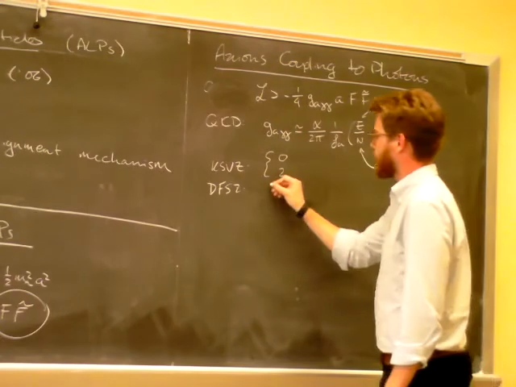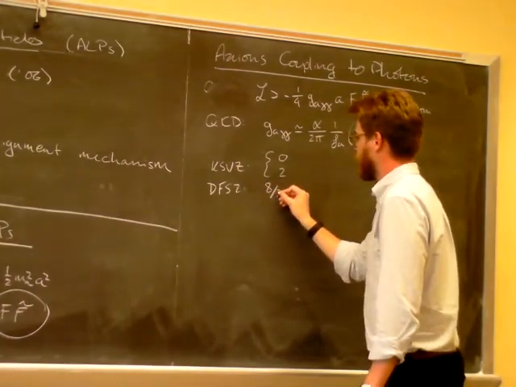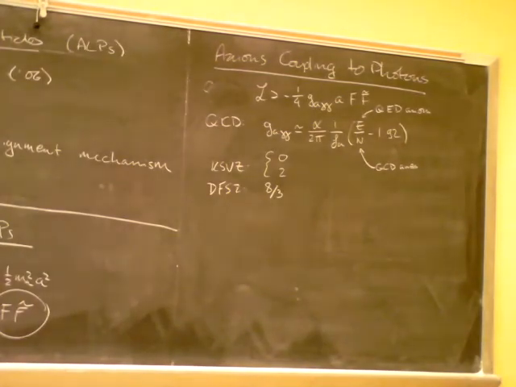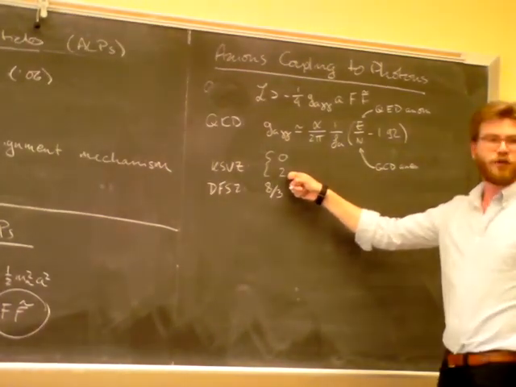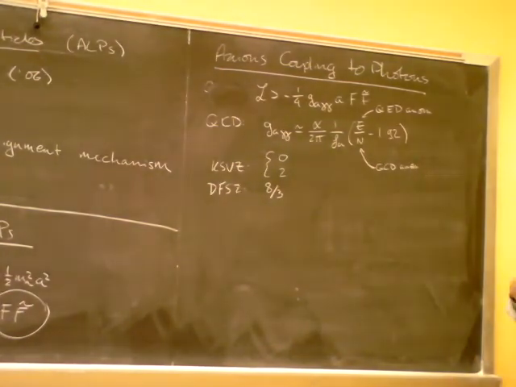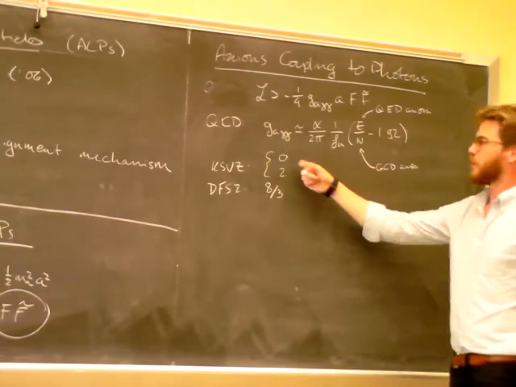In the DFSZ model, on the other hand, this ratio E over N is always 8/3. And so you can see that if your E over N coefficient is roughly 2, then your axion coupling to photons is somewhat suppressed with respect to whether it's 0.